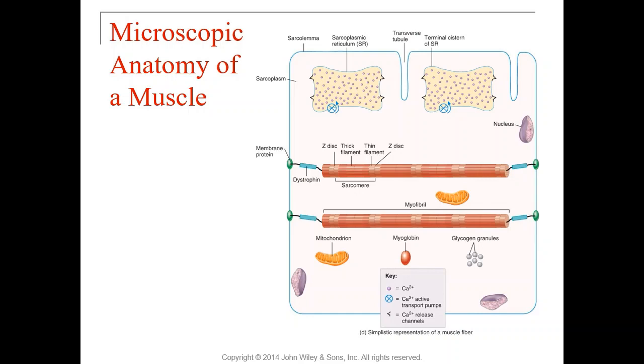So instead of saying, hey class, let's look at the plasma membrane of a skeletal muscle cell, I could just say, let's look at the sarcolemma. The sarcolemma is just the name for the plasma membrane of the muscle cell. And in this picture, you see it as this light blue outer covering to the cell. That's just the plasma membrane. We just happen to call it sarcolemma.